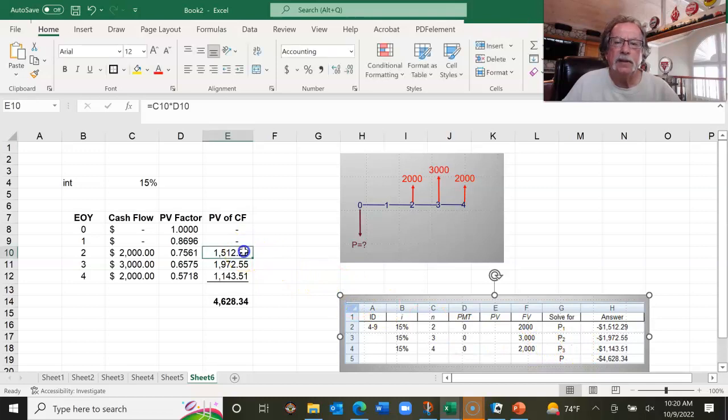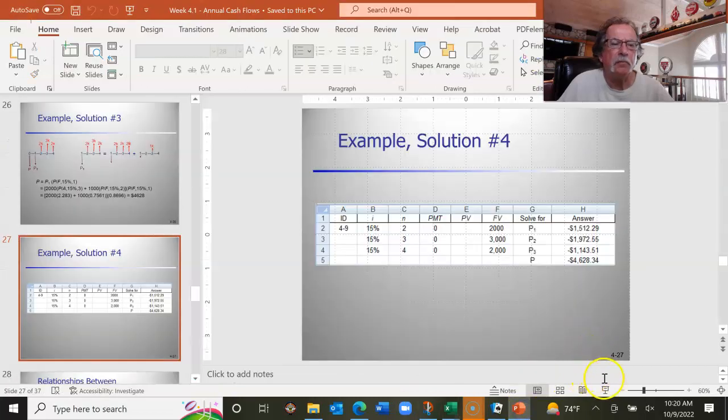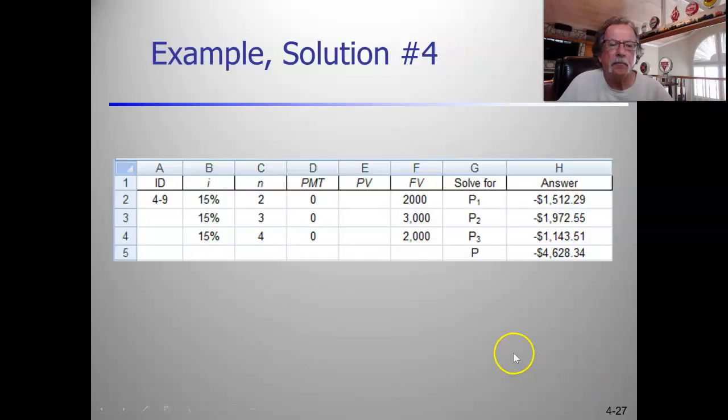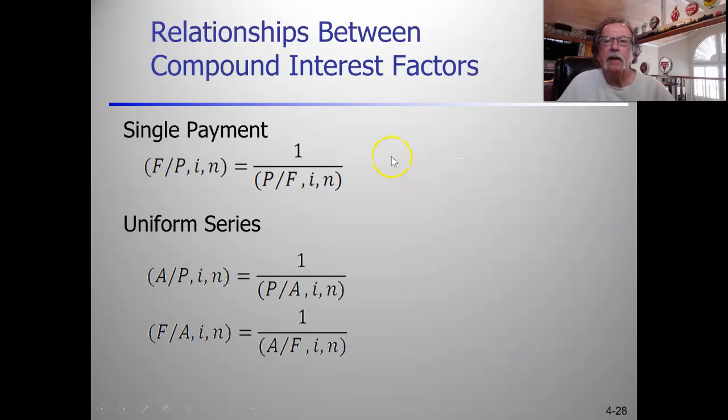You can see the 1,512, 1,229, 1,972. So this is effectively the way that I did it here. The way that I did it in this Excel worksheet is the way these things are done in industry. So I would strongly recommend doing it that way.